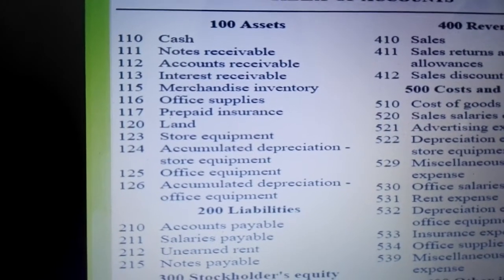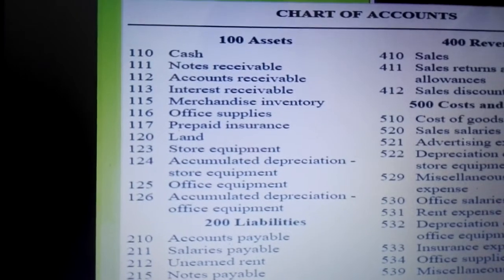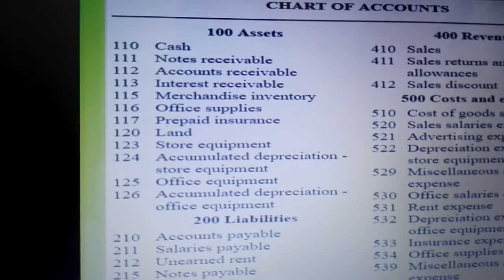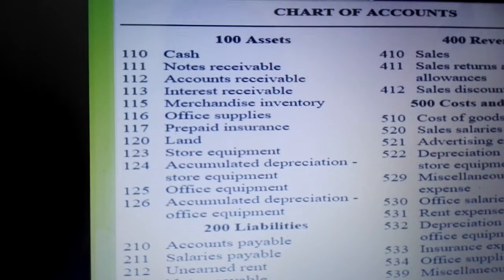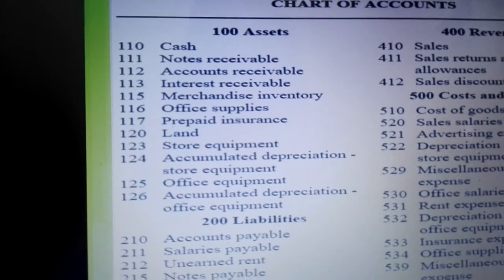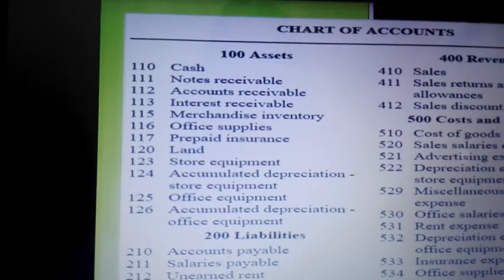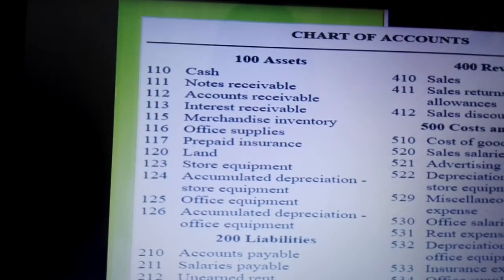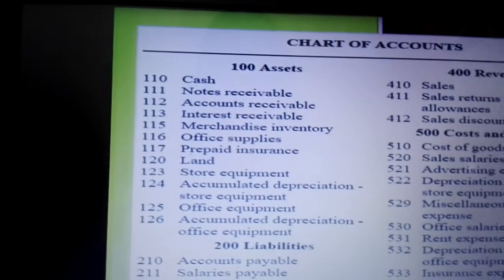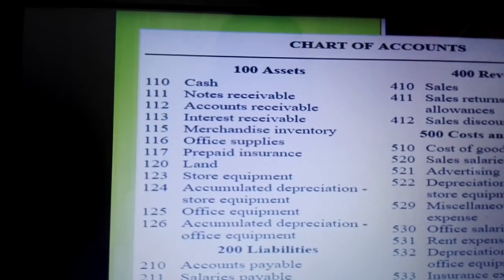So for the mastery of the assets, which is something that the company owns, at the beginning the company might need cash or an investment. Once they put money into the business, it has an effect on the assets, which gives an increase in the asset.